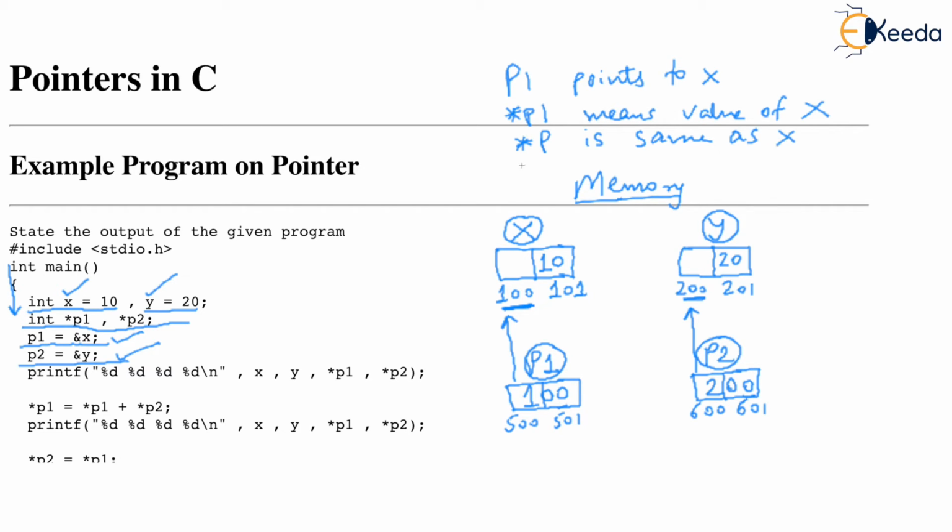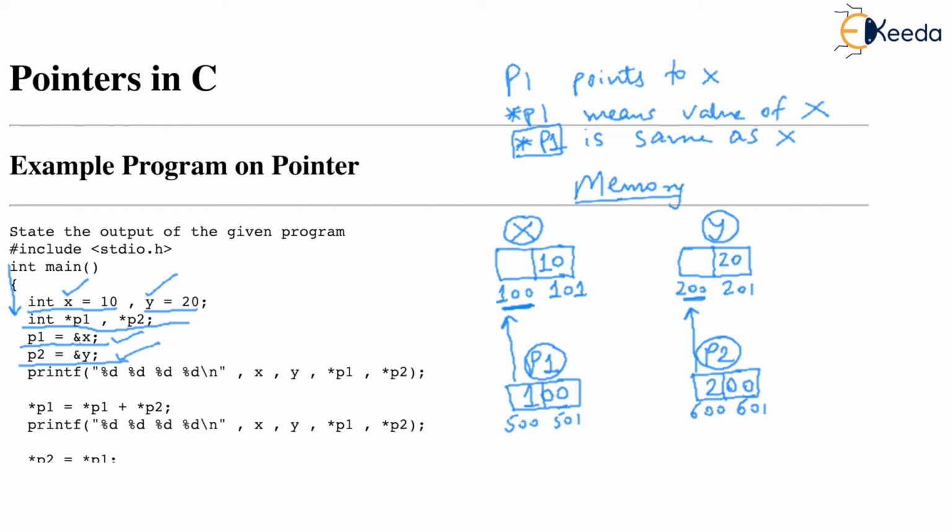That is, *p1 is another name given to x. So in the rest of the code, wherever you see *p1 written anywhere in the program, you read it as x.